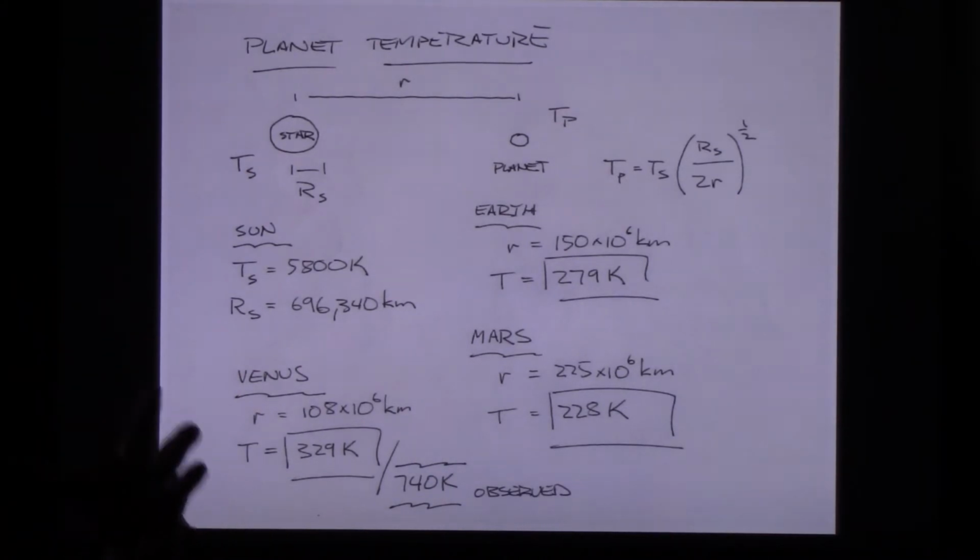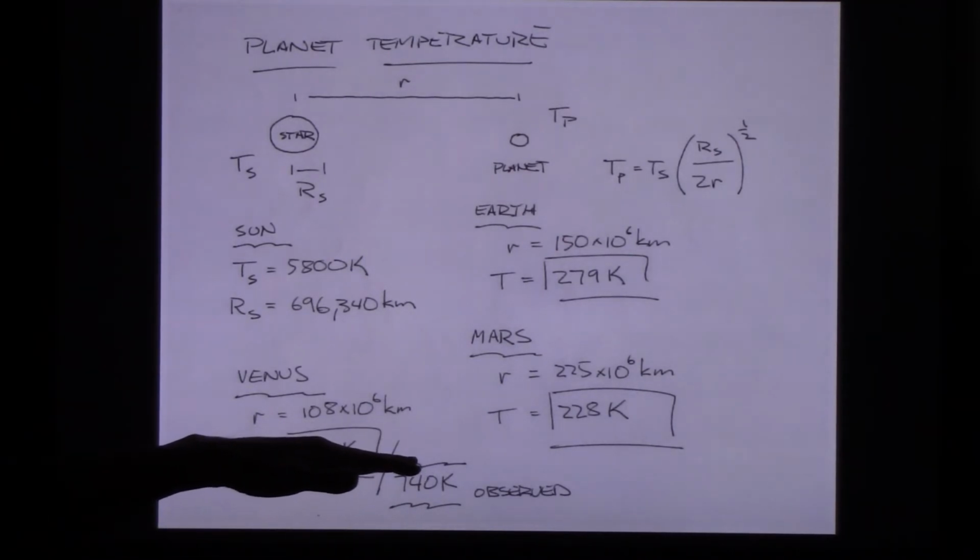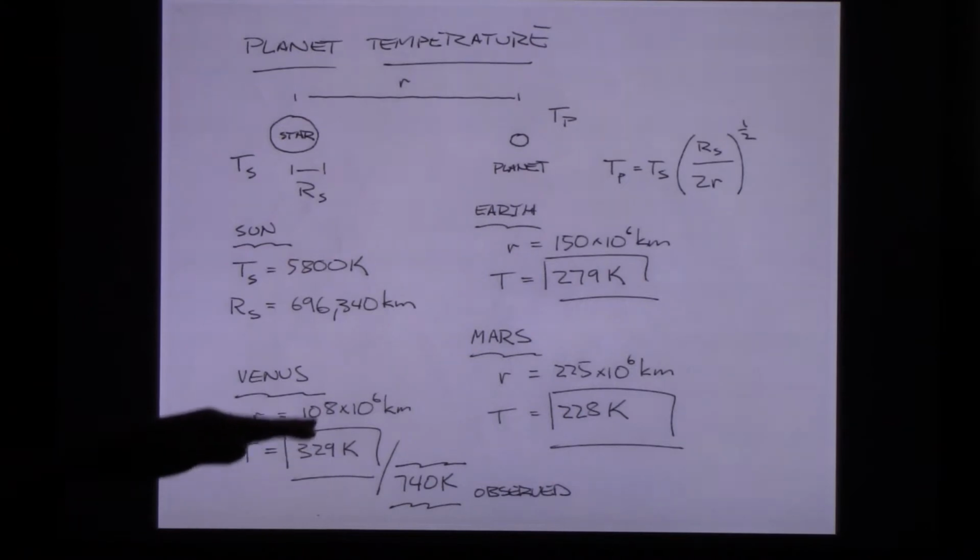Venus's carbon dioxide stayed in the atmosphere because Venus was at a higher temperature already, 329 kelvins is what we're predicting. And at that temperature, water didn't remain liquid on the surface.